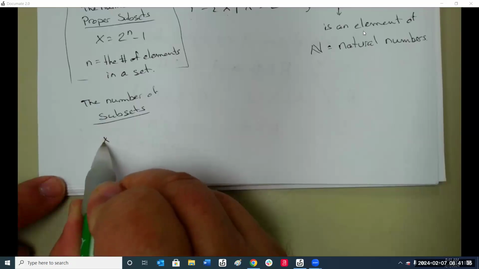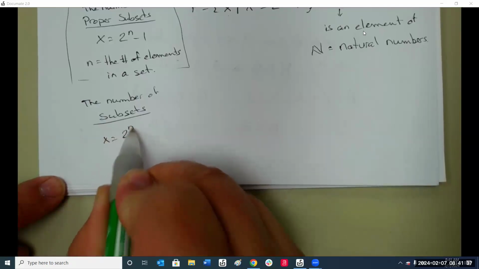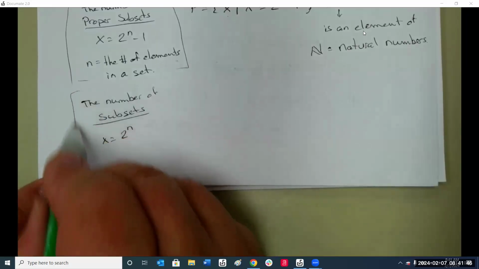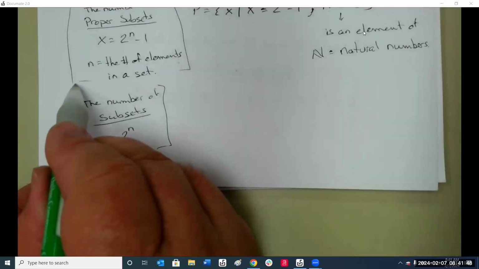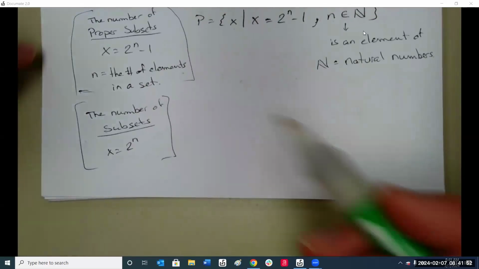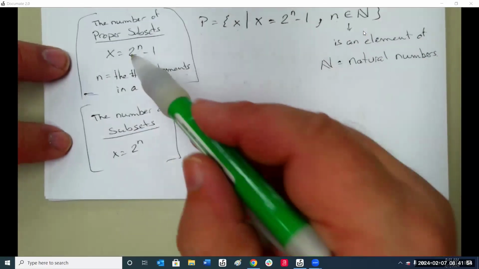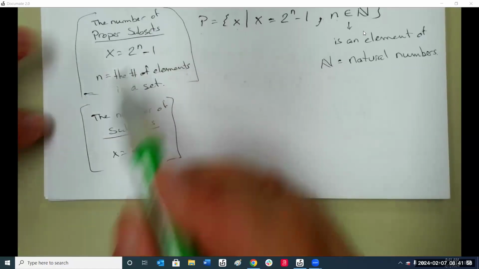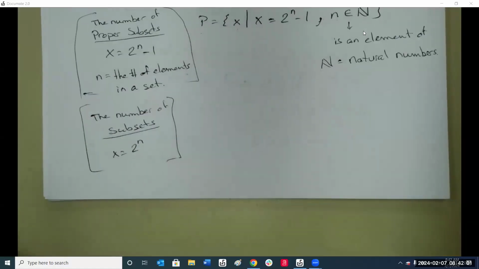That formula is 2 to the power n. So you see what the difference is. They both have 2 to the power n, but proper subsets have at least one less than. That's why it's minus 1.